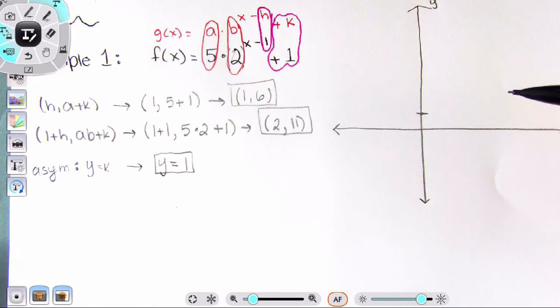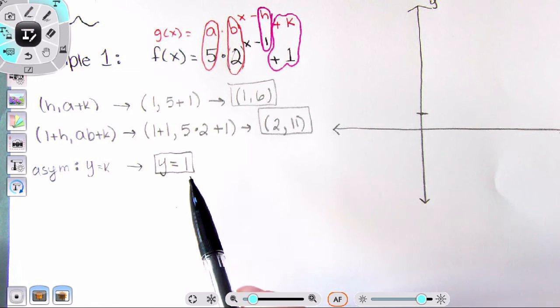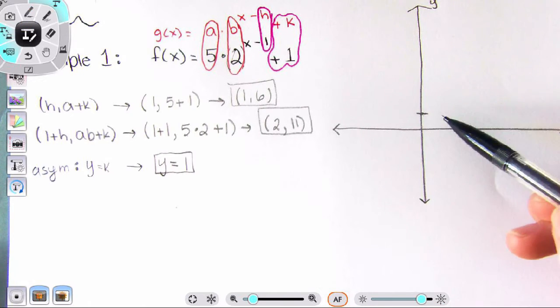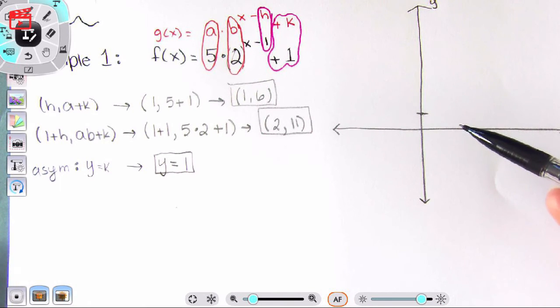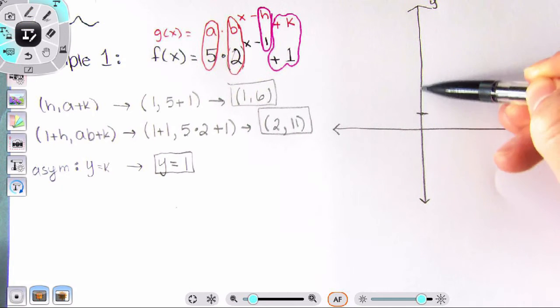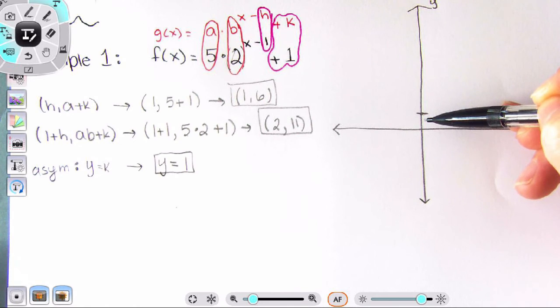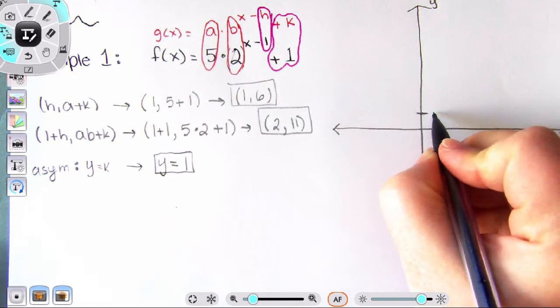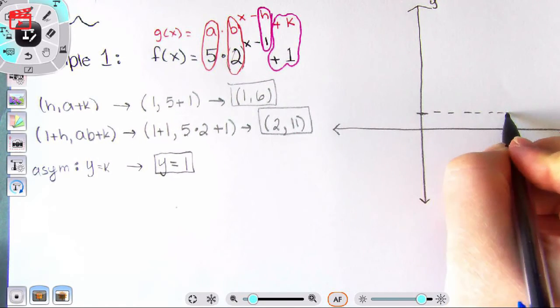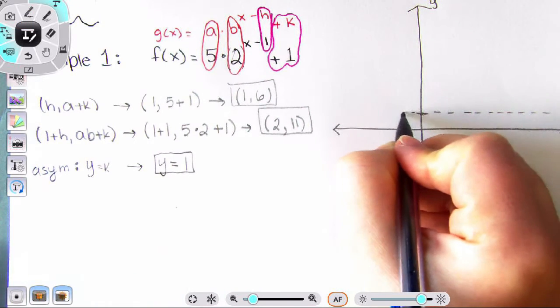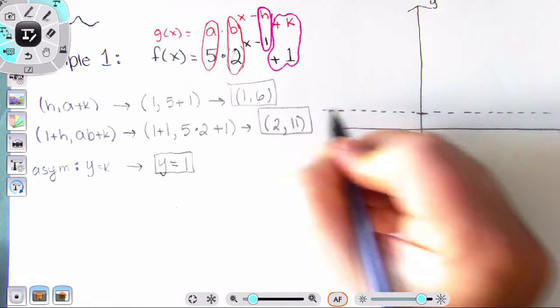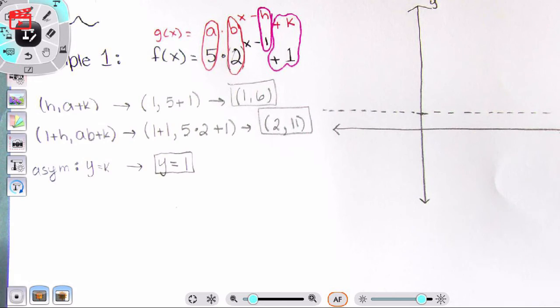We identify where y equals 1, then we can either go vertical or horizontal. If I go vertical, I am on the y-axis, and I cannot be on the y-axis. So the only option here is to have a horizontal asymptote, and we show that it is an asymptote by a dotted line.